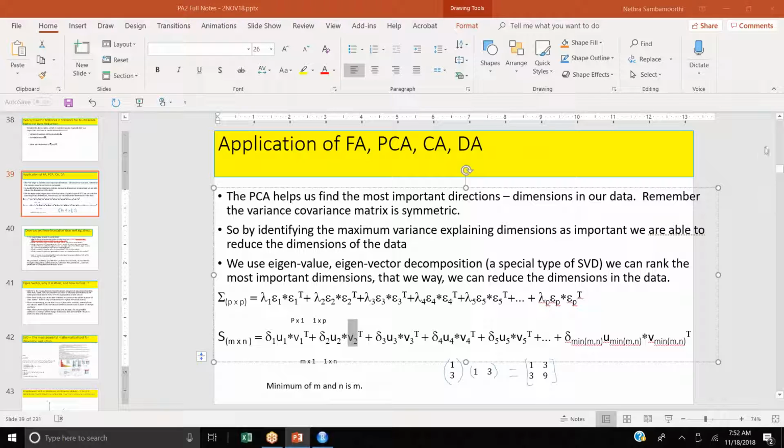The U and V are singular vectors only, right, sir? The delta is singular value and U and V are singular vectors. Can you repeat that question, please? Once again, I need a little bit more sound. Delta is singular value and U and V are singular vectors, right?